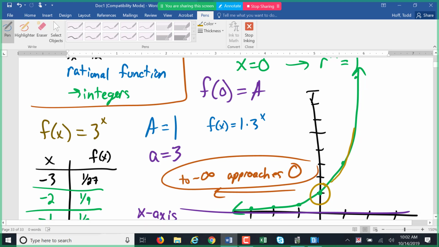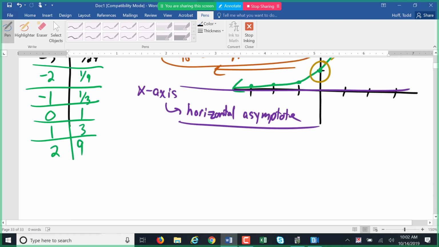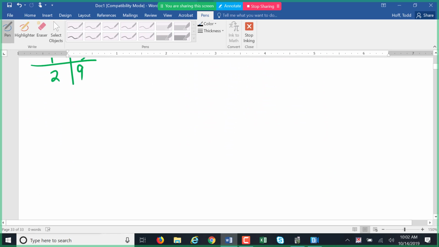As you go to the right, the value increases and shoots up to positive infinity very quickly. So as x goes to infinity, it approaches infinity. But there are other possibilities that can happen.